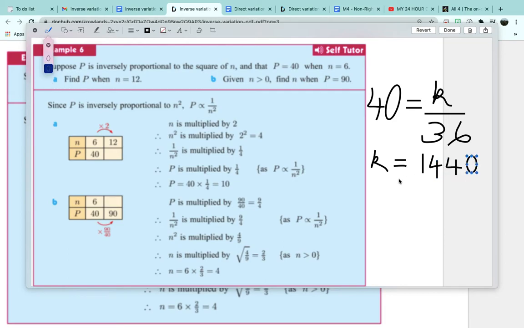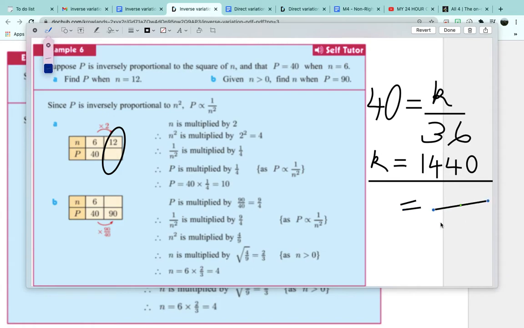Now I've worked out the k, I can actually substitute that into this equation with this time the 12. So let's focus on this side of the table. The first equation was generated using the 40, which is here, and the 6, because 6 times 6 is 36, and then solving for k. I'm now going to use the 12. The 12 is our n, so it's going to be put on the denominator.